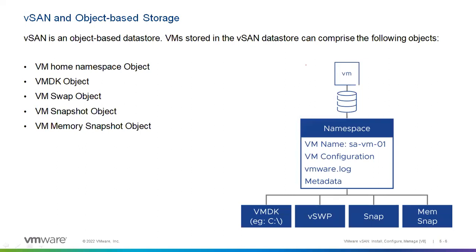All right. So first of all, let's understand how my data gets stored inside the vSAN data store. When we say the vSAN data store, vSAN itself provides object-based storage.